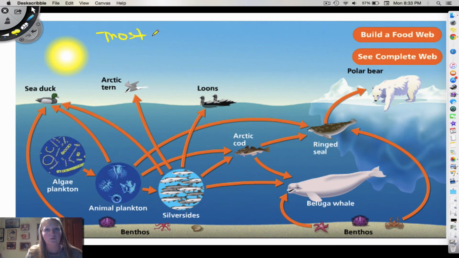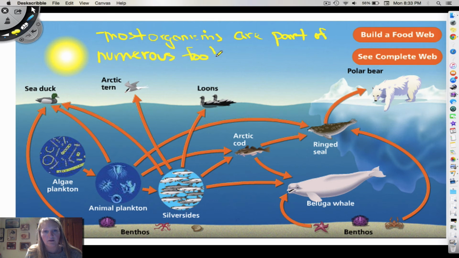Most organisms are part of numerous food chains. And so the food web shows the connection between all of the organisms together.